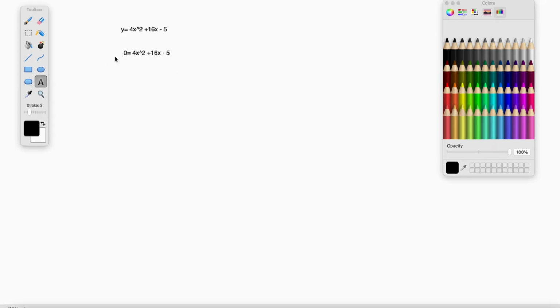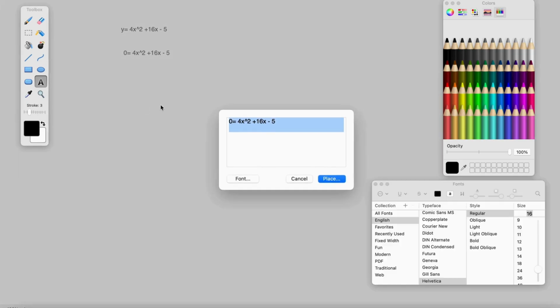So in order to turn this into a perfect square equation, 4x squared plus 16x, first let's put parentheses around them and let's kick this guy out.